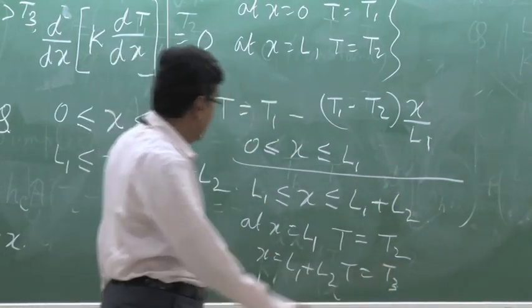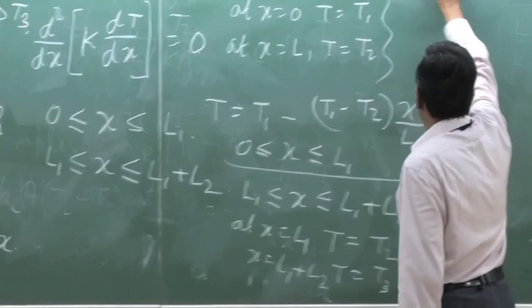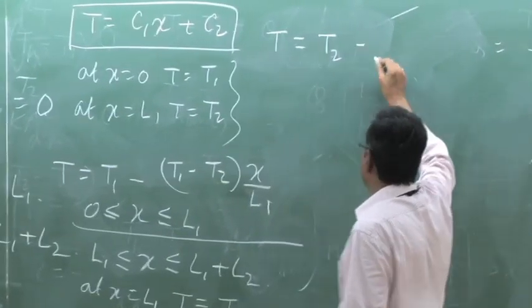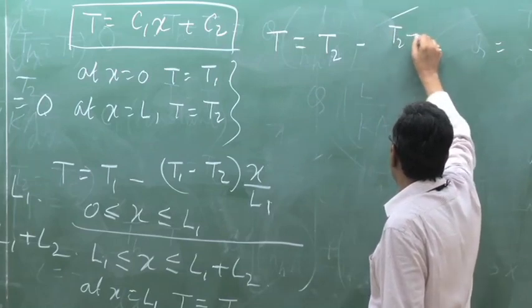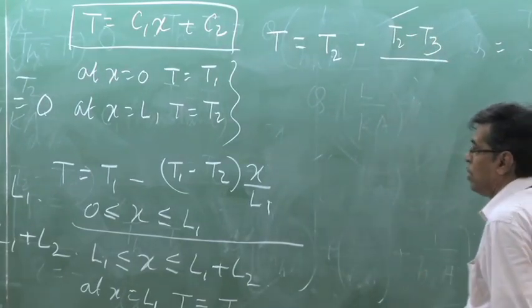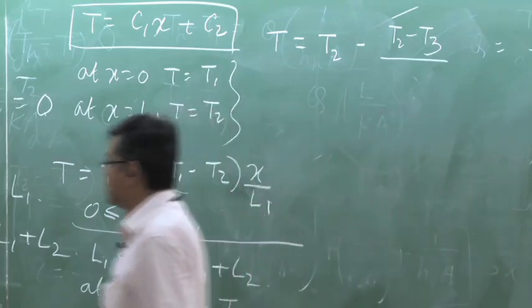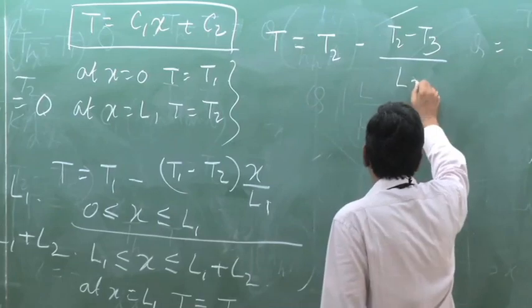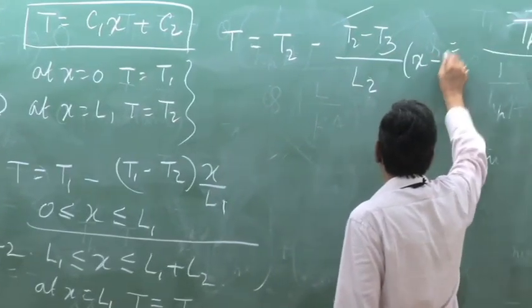You get the equation T equals T2 minus (T2 minus T3) divided by L2 into (x minus L1).